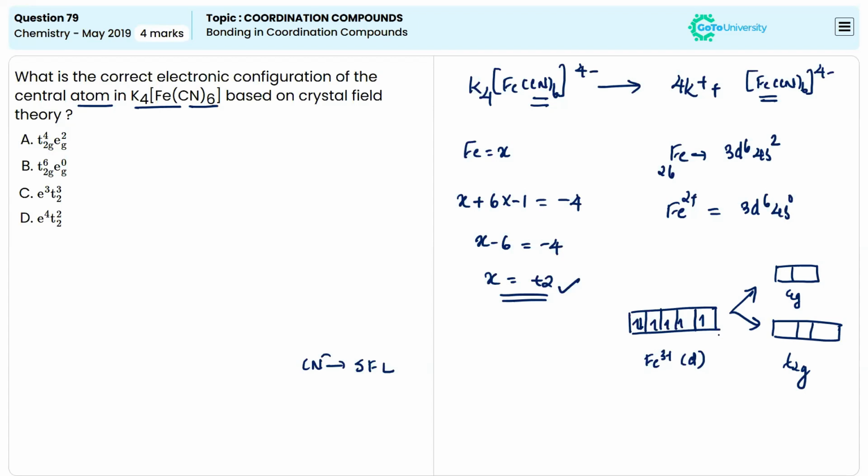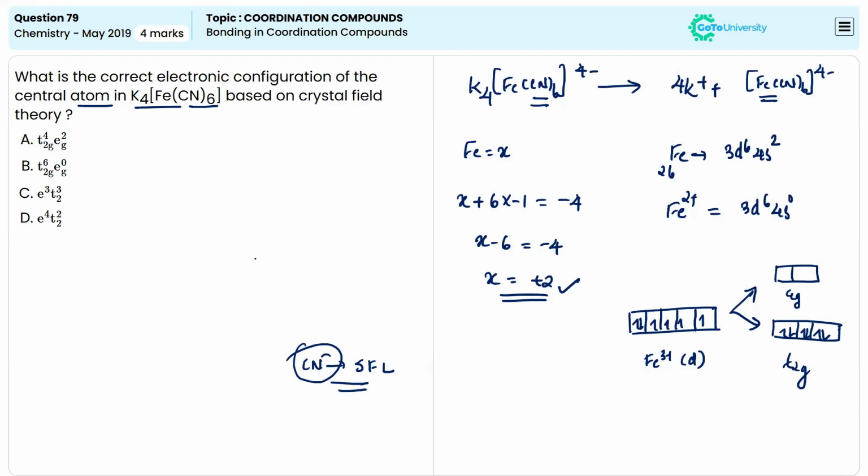Due to the strength of the CN minus ligands, the electrons will first pair up before moving to the higher energy level. So the t2g orbitals will be completely filled and the eg orbitals will be vacant.